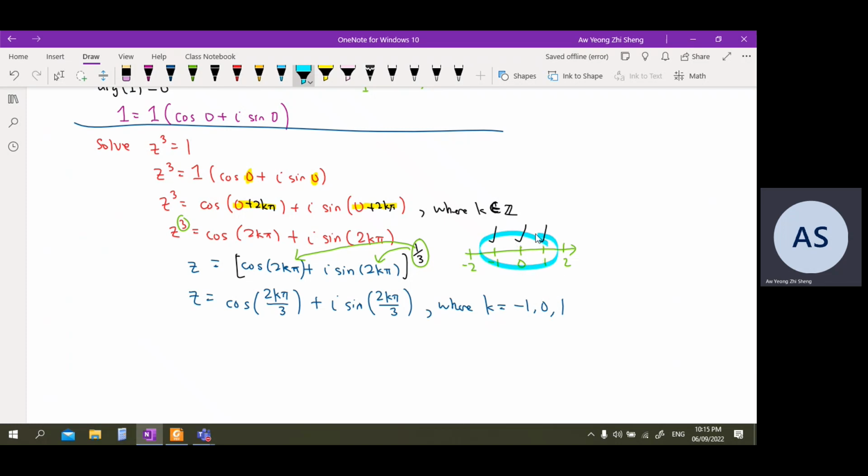Now, if you follow this guideline of selecting integers which are near to 0, most of the time, after you sub in the -1, 0, and 1, if those are the 3 integers nearest to 0, they will give you your final solution where your argument is in the principal range. So if you follow the guideline of selecting integers which are near to 0, you will conveniently get argument values which are in the principal range.